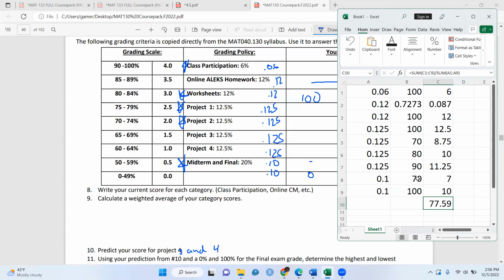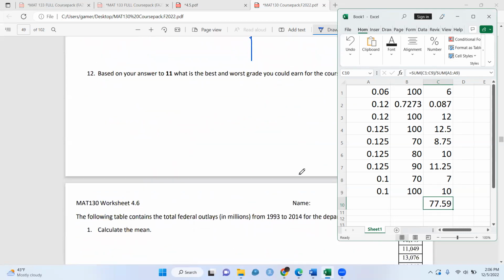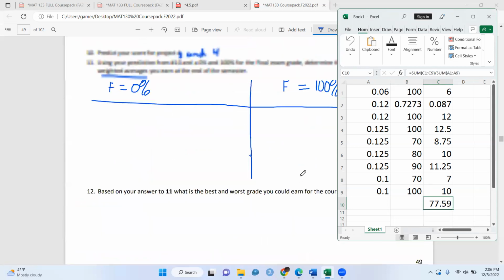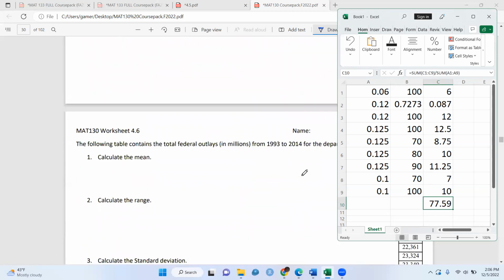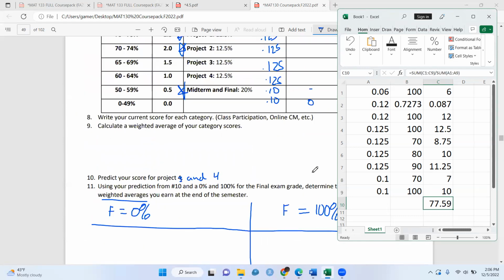Let me give you like 5 more minutes to mess with this, and then we're going to move on to 4-6. I want you to ask some questions too, but we're going to look at the measures of variation, just so we'll have covered it all. Set a timer for 5 minutes.